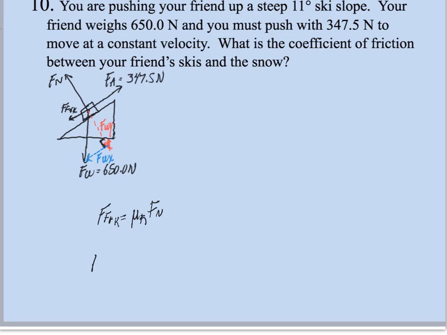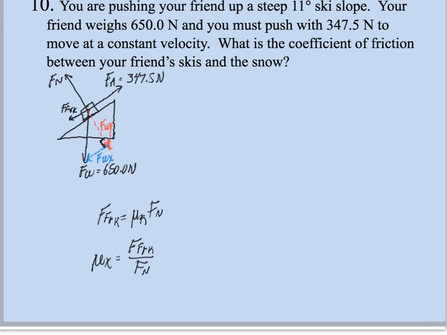That means the coefficient of friction is equal to the friction force divided by the normal force. Well, we don't know either one of these, unfortunately. So we have to solve for friction force and for normal force.